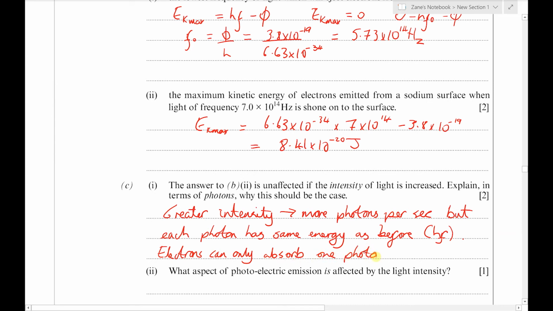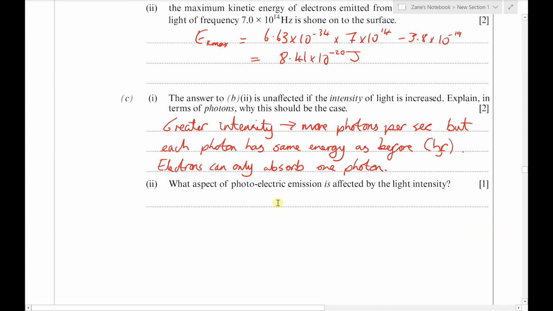So no matter how many photons are hitting the surface per second, if the energy of the individual photons hasn't changed and electrons can only absorb one photon, then the maximum kinetic energy of those emitted electrons is not going to change. Part C2, what aspect of photoelectric emission is affected by the light intensity? Well, this would be the number of electrons that's emitted per second. In other words, what we would call the photoelectric current.